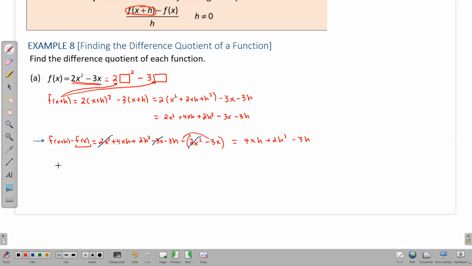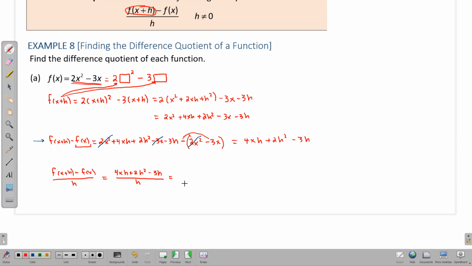Okay, so now we're ready to write the full difference quotient. f of x plus h minus f of x, all divided by h. Well, we've already done the numerator. This represents the numerator, so 4xh plus 2h squared minus 3h, all divided by h. Now we just need to simplify.